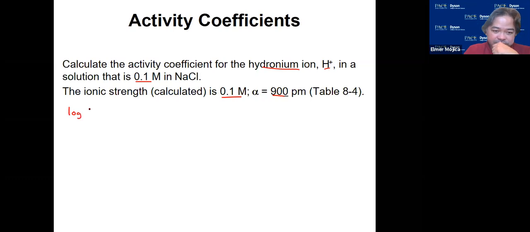So if you remember, this is the equation that we have: log of the activity coefficient, you have 0.51 times C squared times the square root of ionic strength, and then 1 plus the square root of ionic strength times the radius over 305.